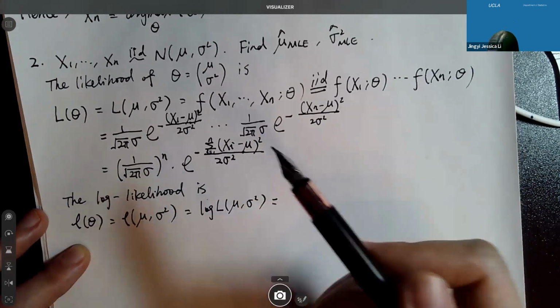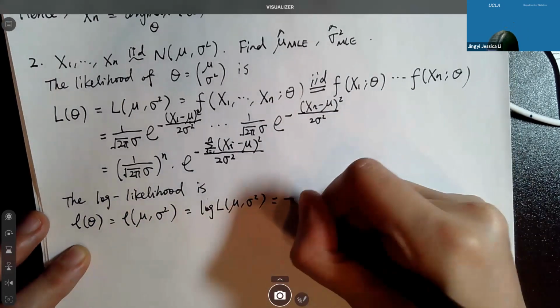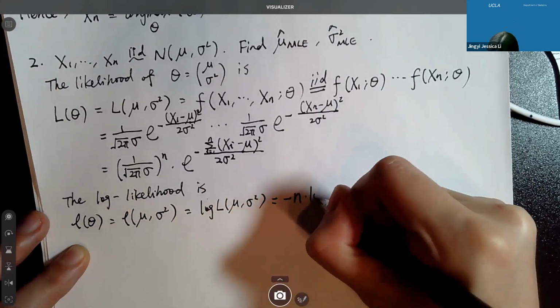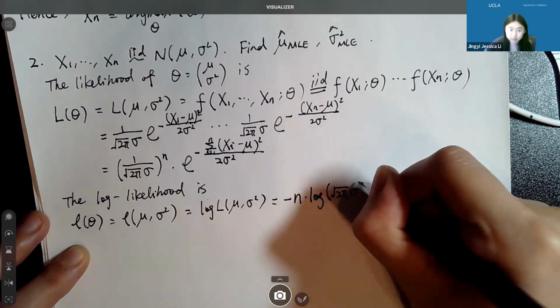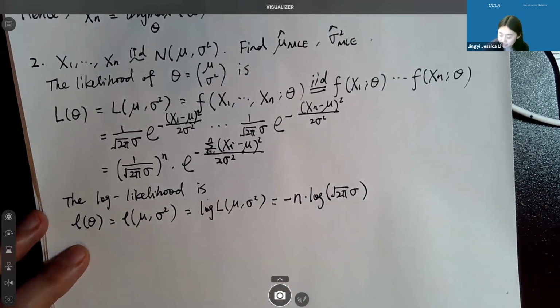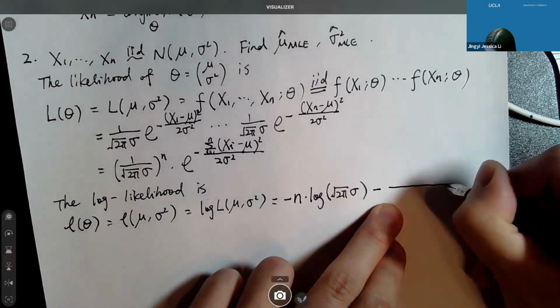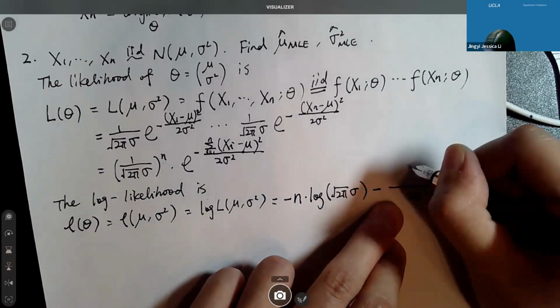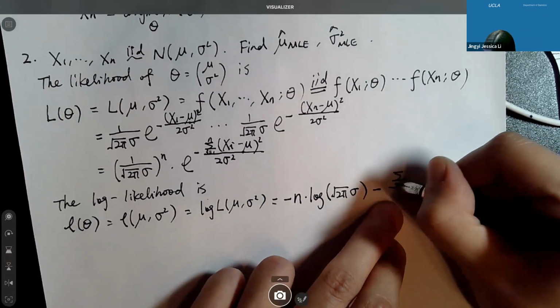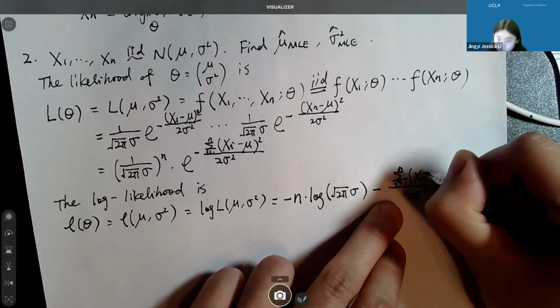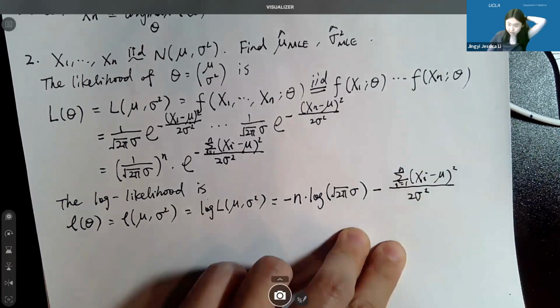So I can get negative n times log, right? This is the first term. And for the second term, I just get rid of the exponential. This is what we have, the log likelihood.